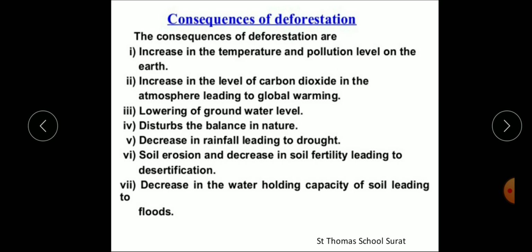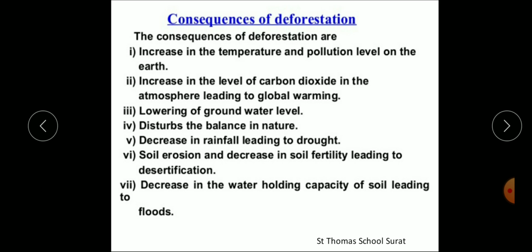Then what happens? Lowering of groundwater level. When there is lesser rainfall, it results in a low groundwater level. Trees release water vapors during the process of transpiration. Yes or no? We have learned this in class 7th.